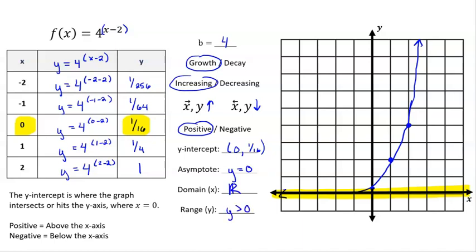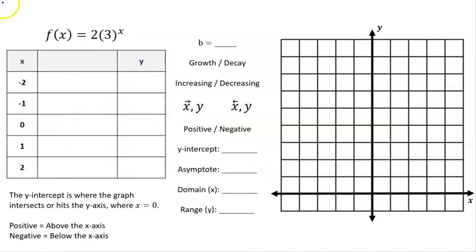For this problem here, we have b is 3, and as we get to working on some of our newer equations for exponential functions, this is going to be a, and we'll talk about that in a little bit, but it's still going to be growth, increasing.